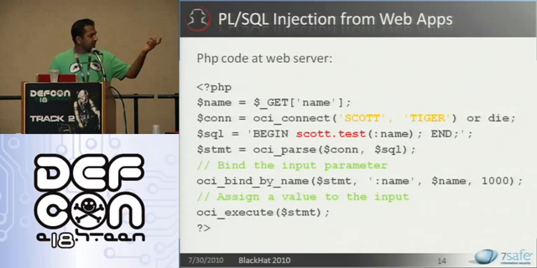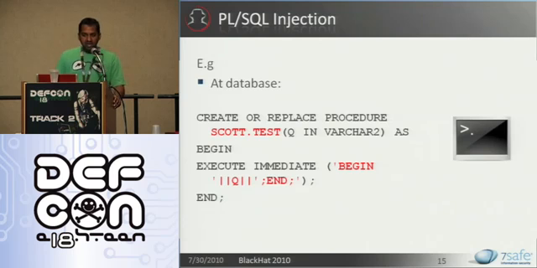If you look at $SQL, it does not look like it's vulnerable to SQL injection or any such thing, because the parameter is bound to the query. However, if you look at the actual code of the procedure in which this input is passed, you will find that all this procedure does is take the input, which is the name of a procedure, and wrap that name between begin and end, hence constructing an anonymous PL/SQL block, and then execute it dynamically with execute immediate.